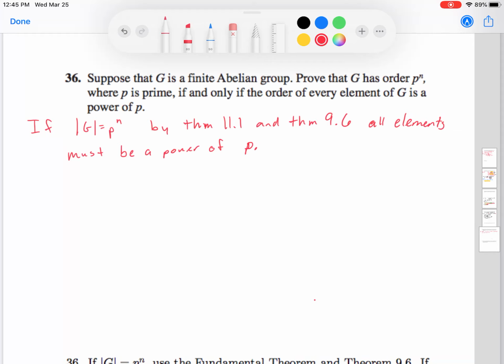And that is clear and direct just from having those two theorems and the proofs behind them that we have in our text. So there's not much work to do for our forward direction. It's our backwards direction that we have to do a little bit of work on.